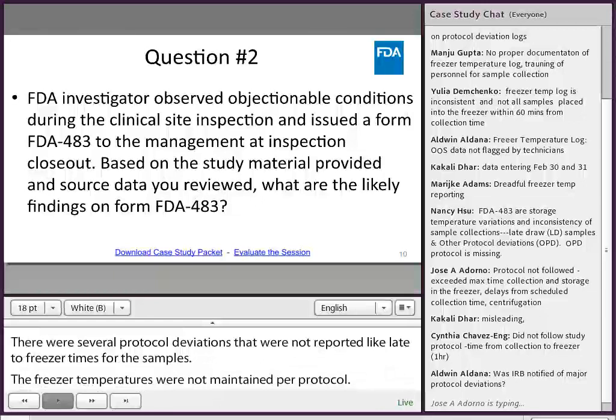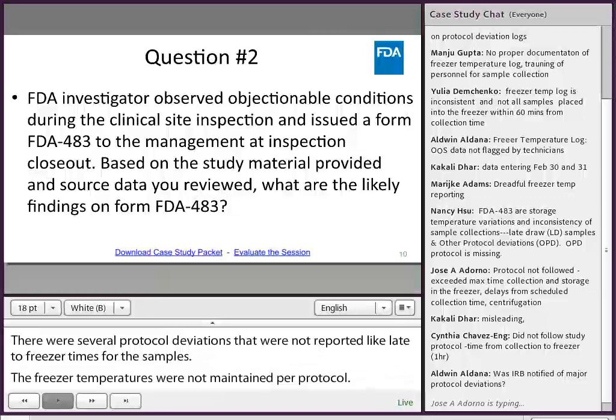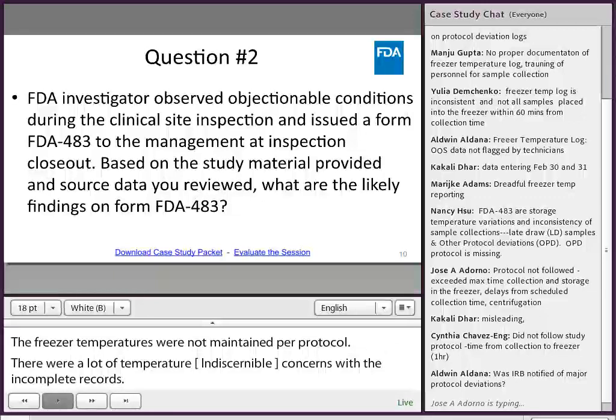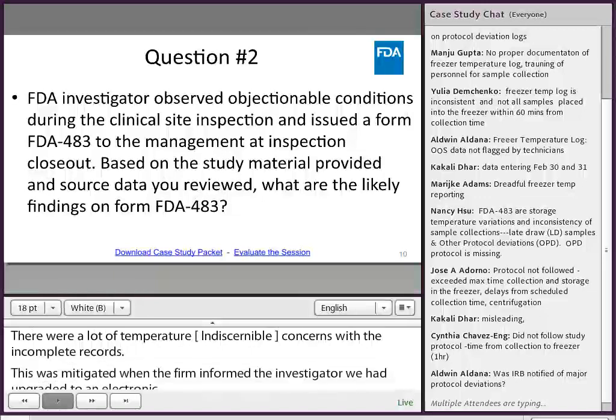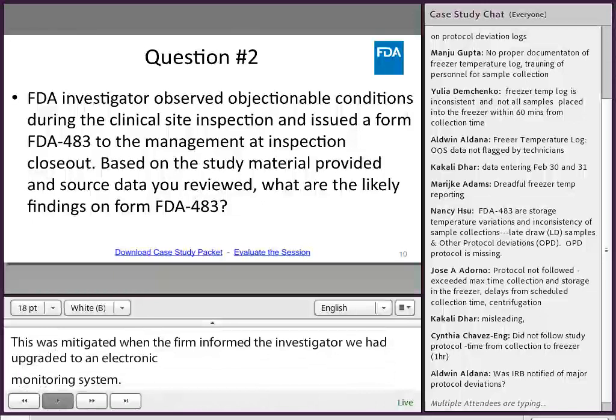However, this was mitigated when the firm informed the investigator that they had upgraded to an electronic monitoring system in October 29, 2013. The investigator verified that the electronic system was functional and the readings were within appropriate range.